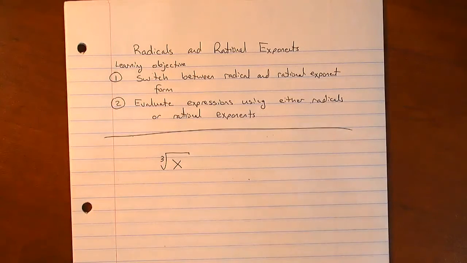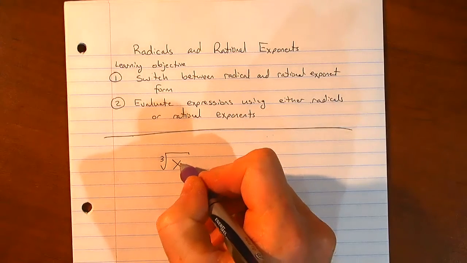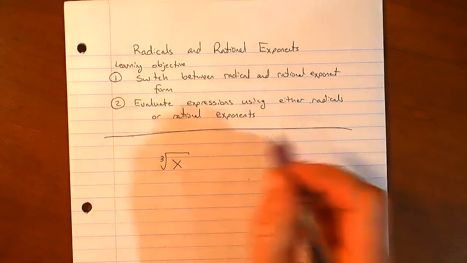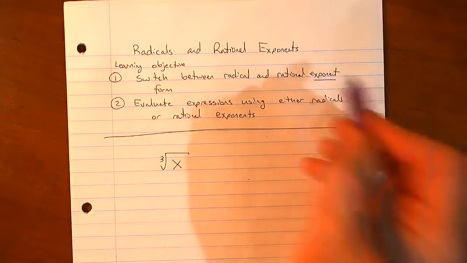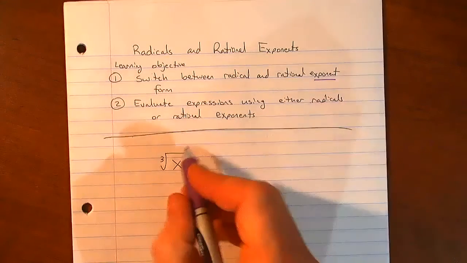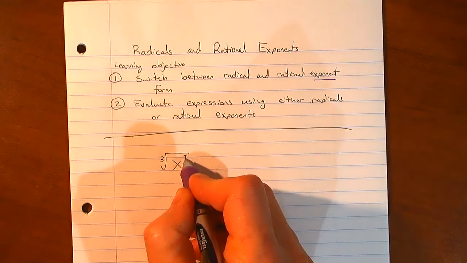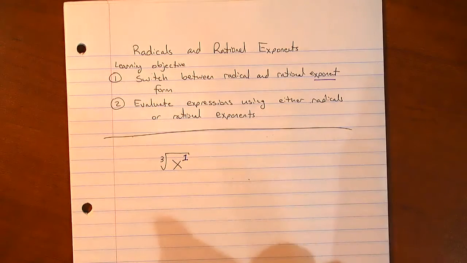One thing you'll need to remember that's absolutely necessary with rational exponents is that although I can't see it, this x has an exponent. Since we're going to be talking about exponents in this lesson, it's important that you remember there's a sneaky hidden ninja 1 as part of its exponent. That is going to be essential for you to remember.